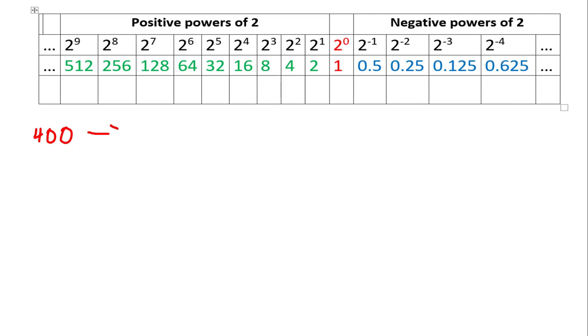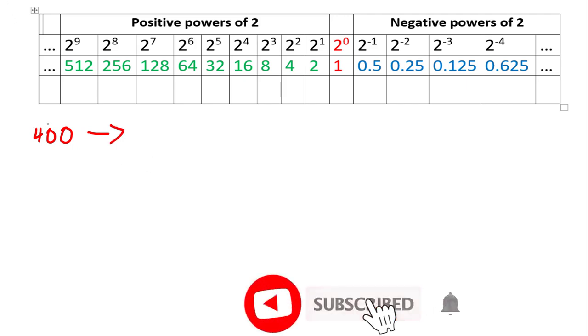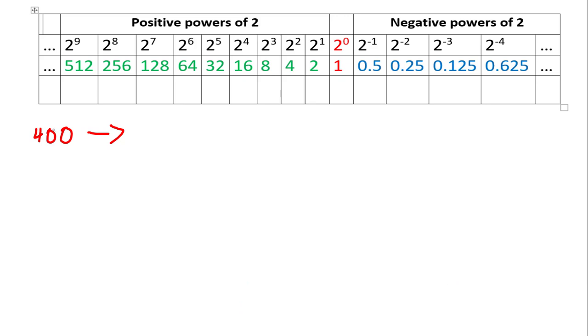So in converting 400 to binary, the first step is to compare 400 to the values we have in the table as usual. Comparing this 400 to the table, we could see the value just under 400 is 256. We subtract 256 from 400. 256 from 400 is 144. We compare 144 to the table.